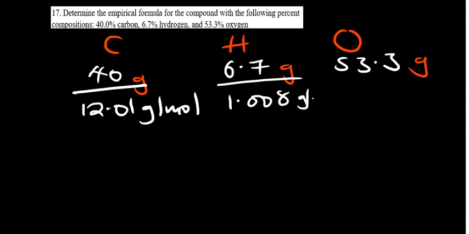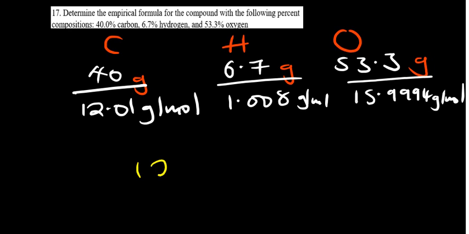Then for oxygen, 15.9994 grams per mole. So avoid using the rounded values, where you just say 12, 1, 16. They'll affect your solution, especially in a case where you have more atoms.